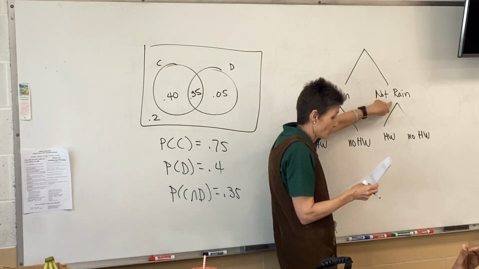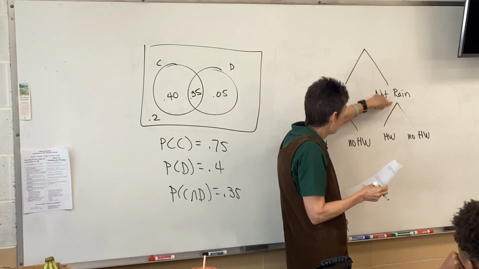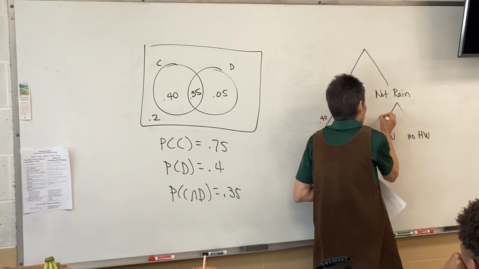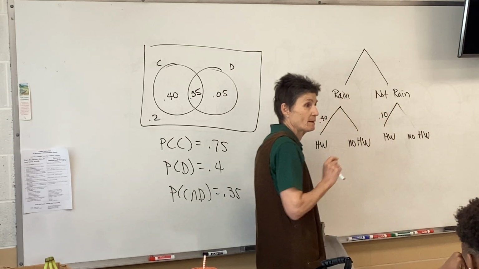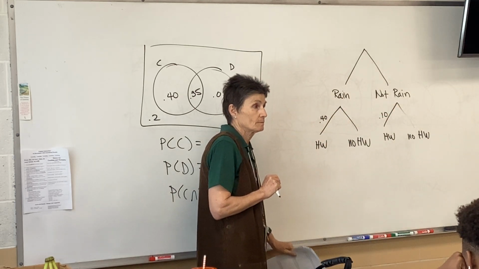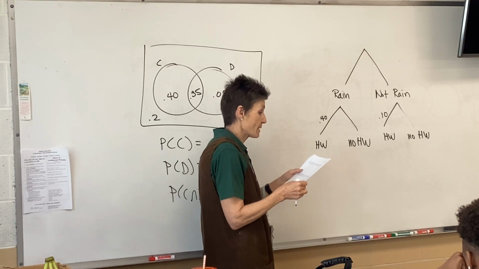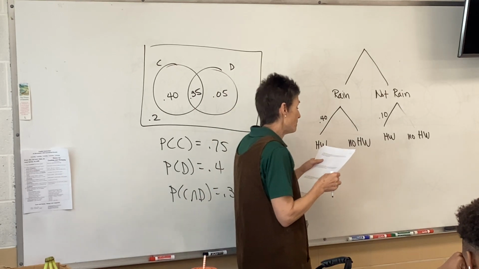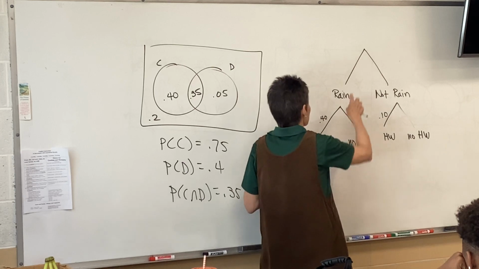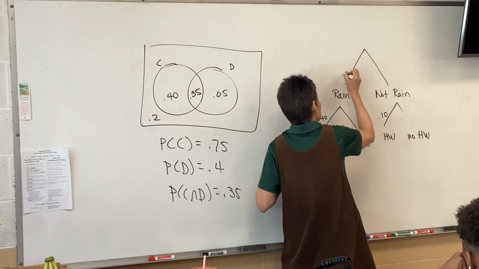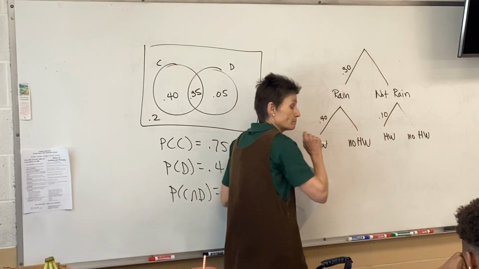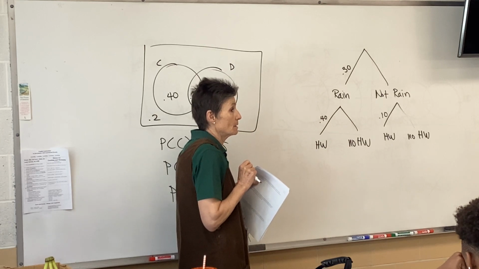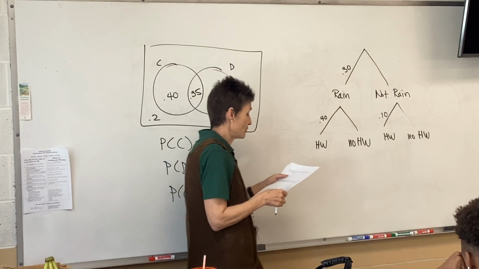If it doesn't rain, the probability of homework is 0.10. Does that make sense to everybody? Given that the probability of rain tomorrow is 0.30, find the probability he's going to do homework.